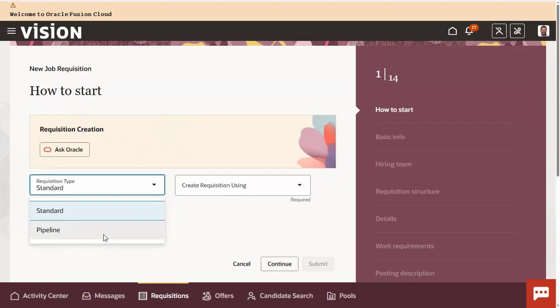Pipeline is a very rare case. Pipeline means that organizations want to maintain a talent pool, so that whenever required, they don't need to rush to collect profiles again because profiles are already there. That's what we call a pipeline requirement.